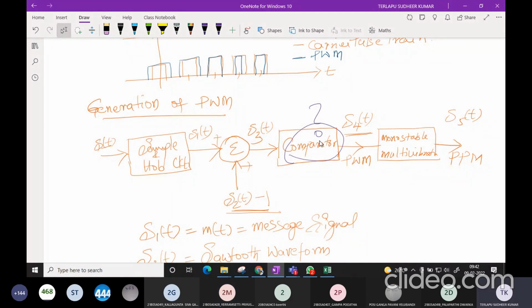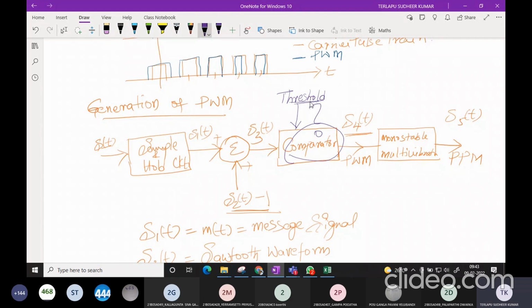The difference. Any comparator will have two inputs. One is the actual input signal and another one is the threshold. Keep that in mind.